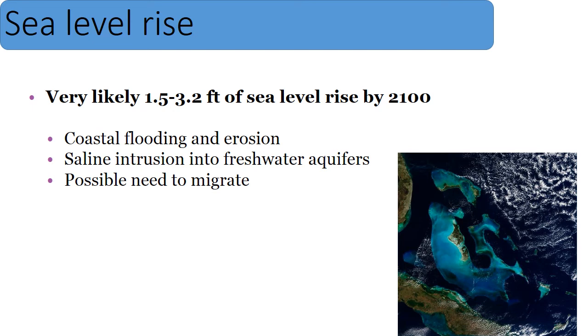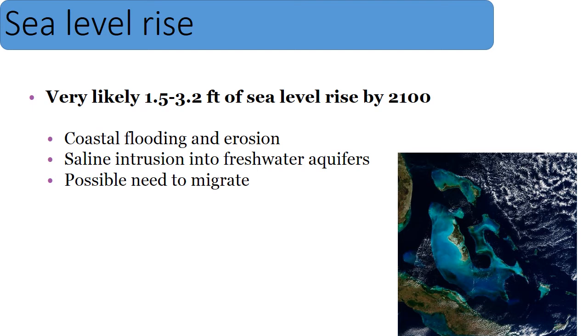Now, if we get significant sea level rise, even what is projected, this could be catastrophic for us. Most of our infrastructure, such as our airports, our marine transportation ports, and our energy facilities, are right near the coast. A lot of people live near the coast. This will lead to coastal flooding and erosion and the loss of very essential infrastructure.